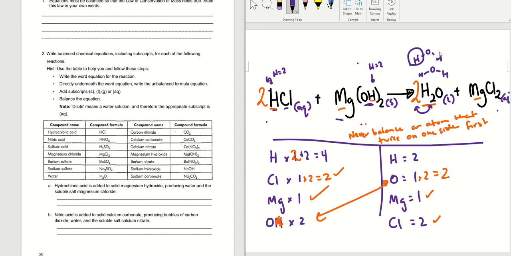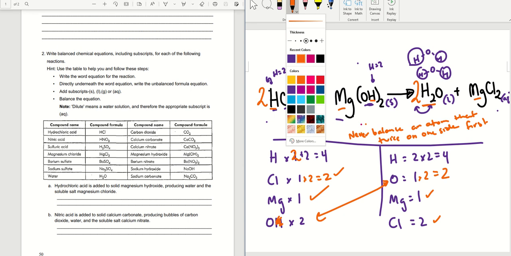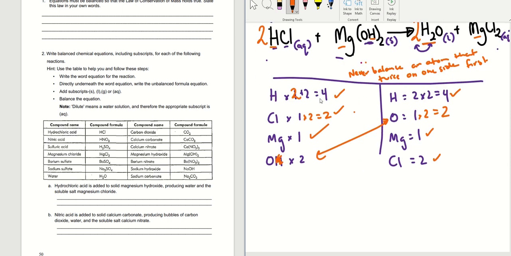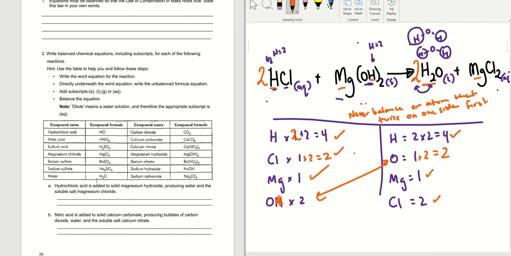That means I have 4 hydrogens in total. So 2 times 2, I have 4 hydrogens now. If you have a look, our equation is now balanced. So that's tick, tick. So everything's balanced. We have the right states. That's what we're looking into. So that's how you would do this one here.